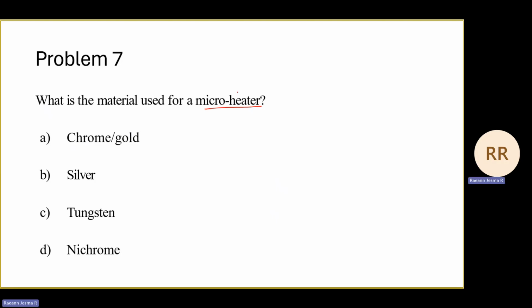A micro heater is a MEMS device that is used to generate heat, and it uses the Joule's effect. So what is Joule's effect? The micro heater works based on the Joule's heating effect.